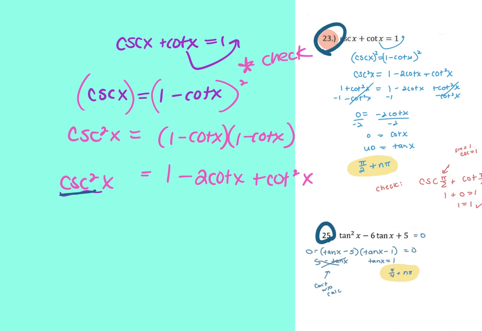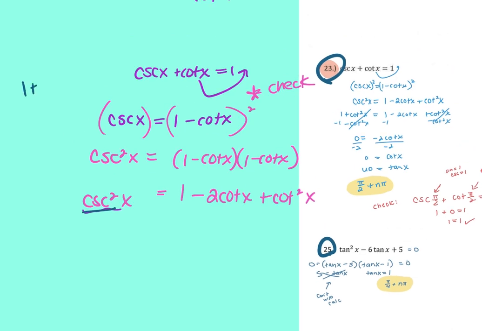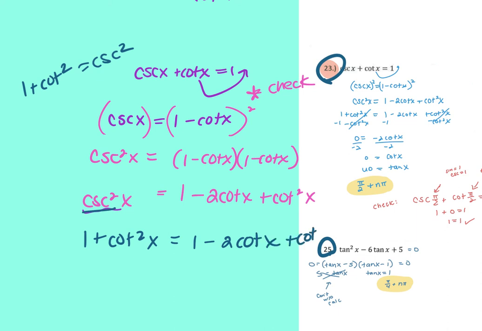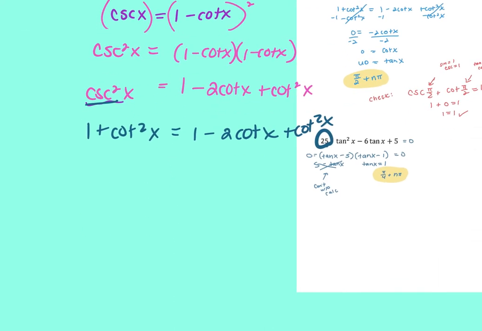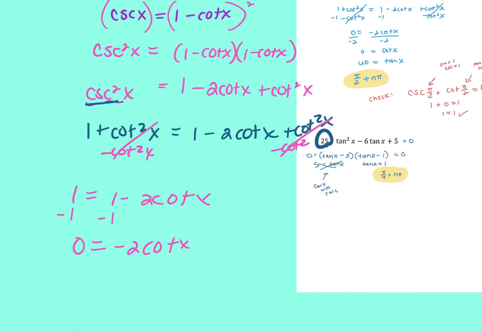It's 1 plus cotangent squared equals cosecant squared. So this becomes 1 plus cotangent squared. And then when you subtract the cotangent squareds, they go away. 1 equals 1 minus 2 cotangent x. Subtract the 1. 0 equals negative 2 cotangent x.